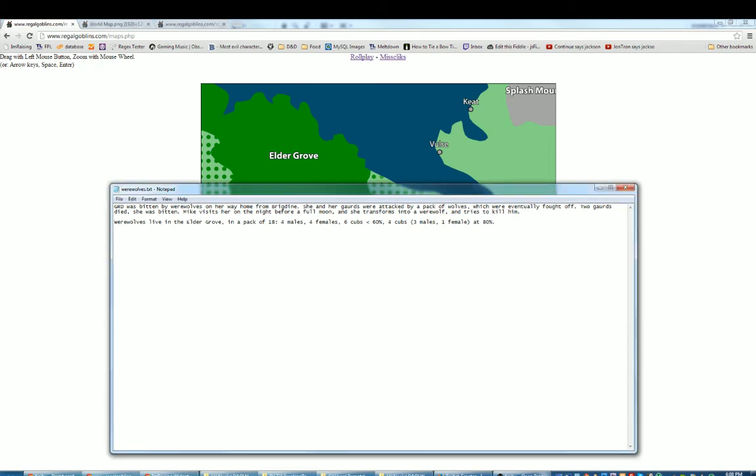Okay. So, here we have this. To cure a werewolf infection, you need a tuft of hair from a werewolf and a Remove Curse spell.